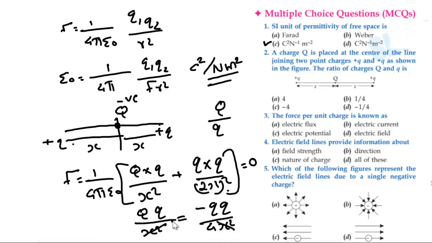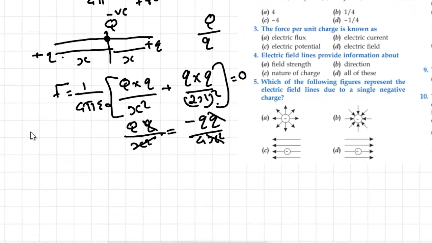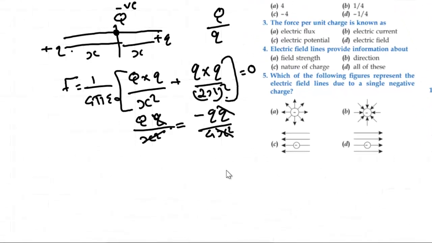So x square will get cancelled, and q will get cancelled. What is capital Q divided by small q? From here, capital Q divided by small q equals minus 1 by 4.